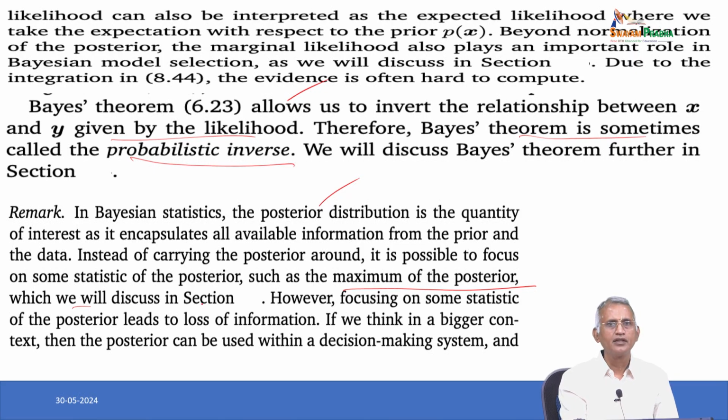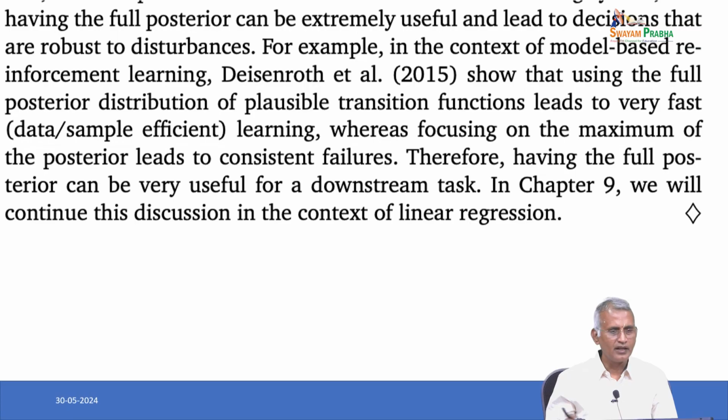However, focusing on some statistics of the posterior leads to loss of information, and if you think in a bigger context, the posterior can be used within a decision making system, and having the full posterior can be extremely useful and lead to decisions that are robust to disturbances.